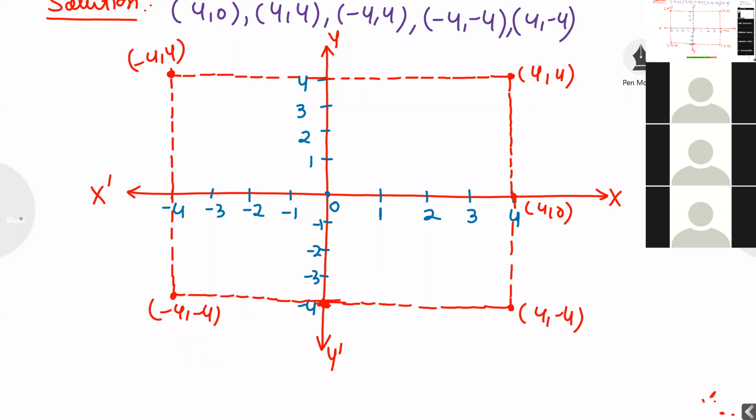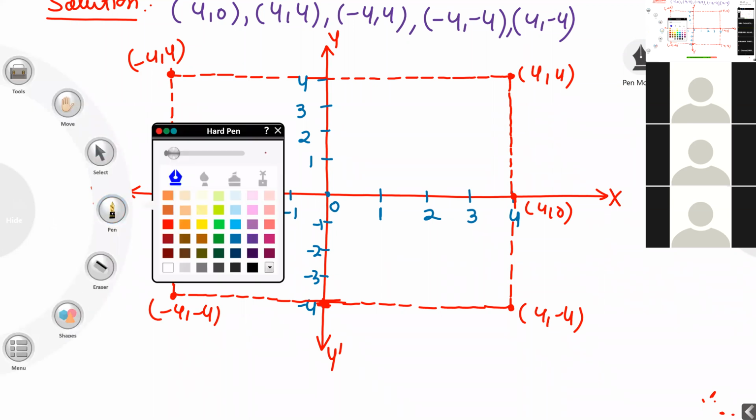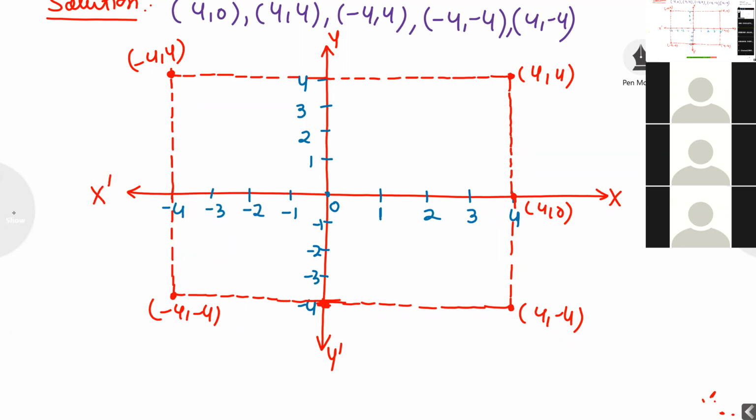Now we want to join these points. This figure is looking like a square. Now I want to find out the area of the square.